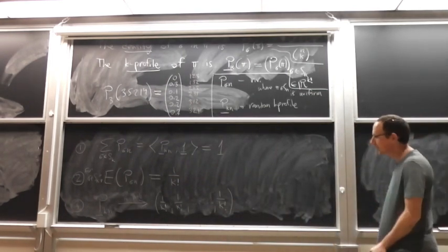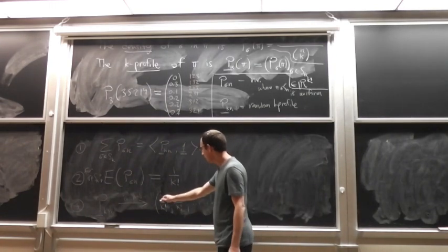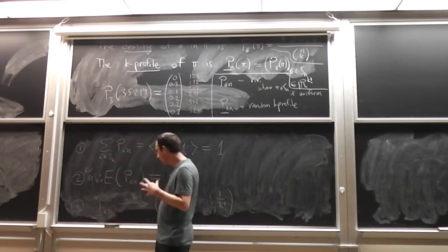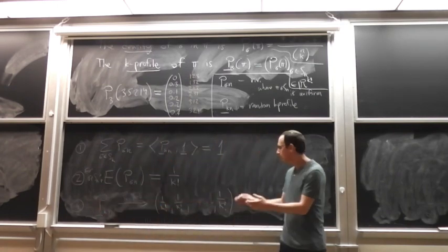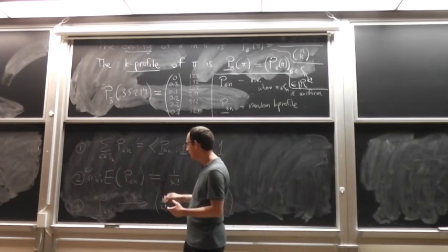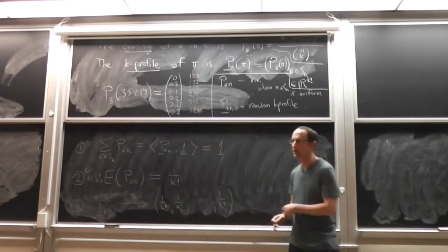Convergence in probability means that for every open neighborhood of this point, the probability that the profile of the permutation falls in this open ball goes to 1 as n, the length of the permutation, goes to infinity.